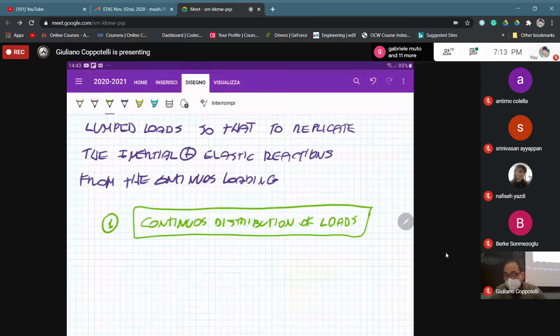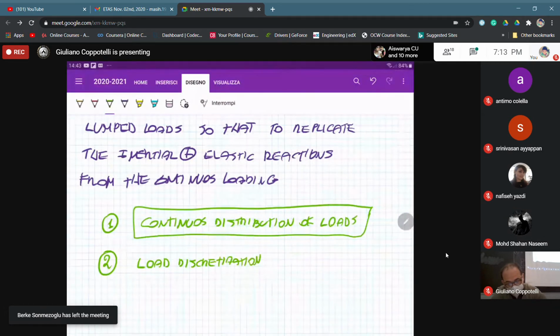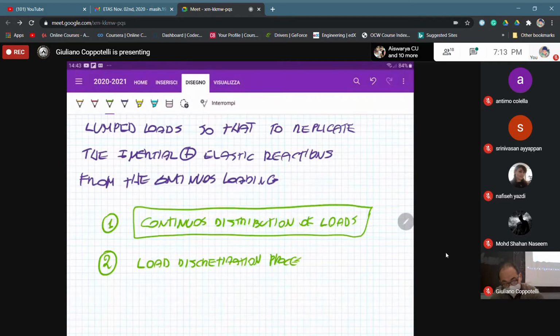Then we assume, for example, that we can use some wing section, some specific section in your analysis, and we can use those sections to apply the external load. So we start the load discretization process by assuming some lump loads.